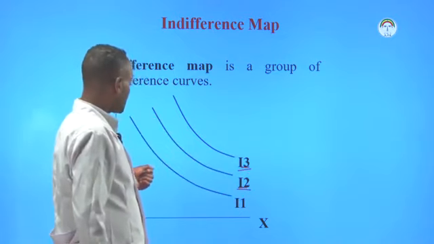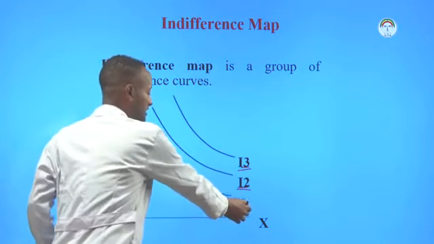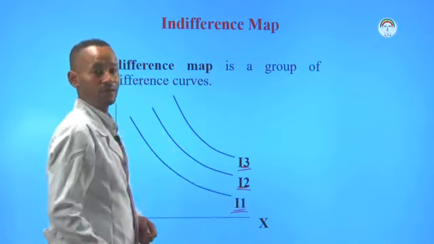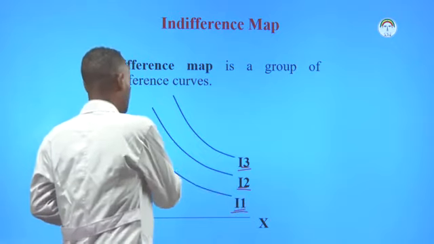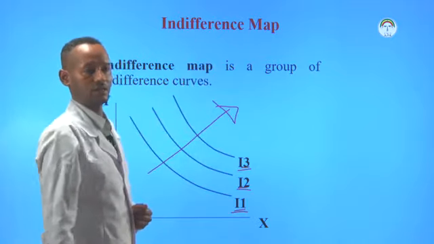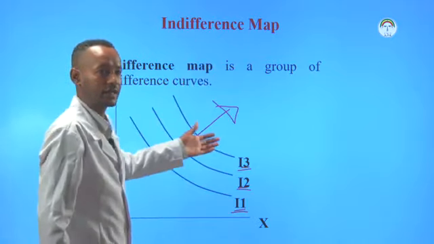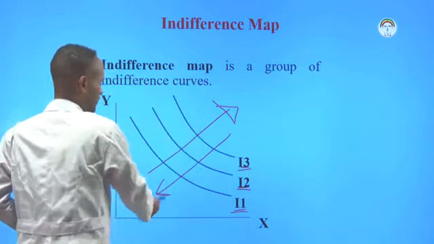Again, the satisfaction from indifference curve 2 is higher than from indifference curve 1. So the level of satisfaction increases as one moves towards the northeast, and decreases as one moves towards the southwest.